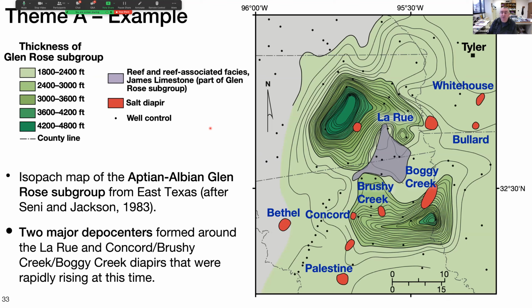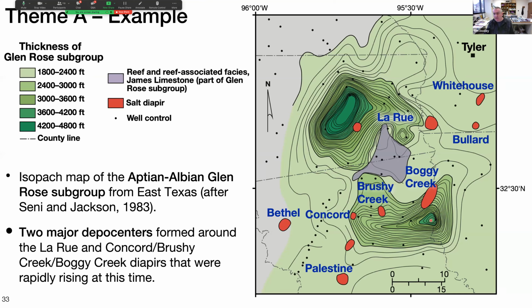And just seeing an actual example of this process here. This is from onshore East Texas, and it's an isopach map of Aptian Albian, the Glen Rose subgroup.